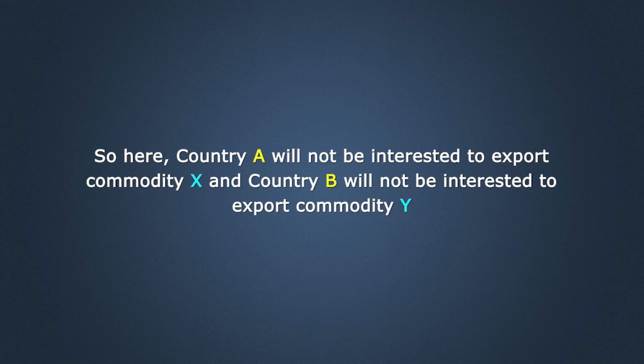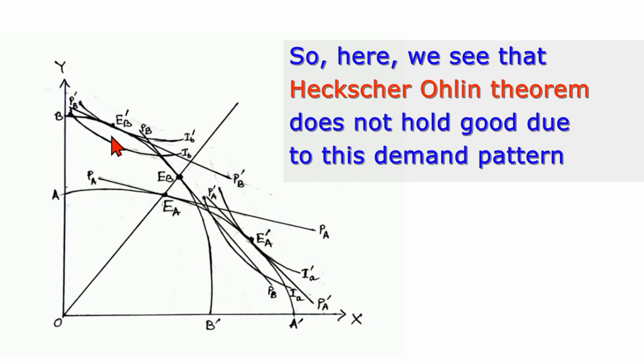So here country A will not be interested to export commodity X, and country B will not be interested to export commodity Y. So here we see that the Heckscher-Ohlin theorem does not hold good due to this demand pattern.